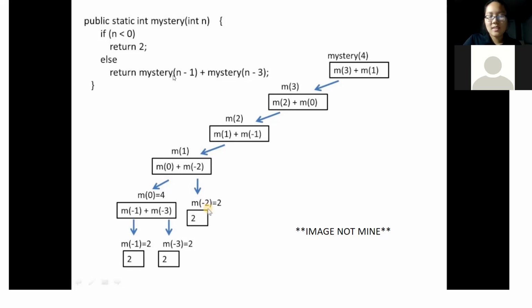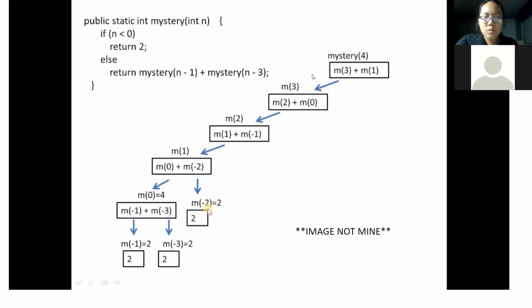But this time it's a bit more complicated in that there are two different method calls. It looks scary, but if we go here, we're saying mystery 4. It's going to call mystery of 3, because 4 minus 1 is 3, right? And we're also calling mystery 1, because that's the n-3 part.